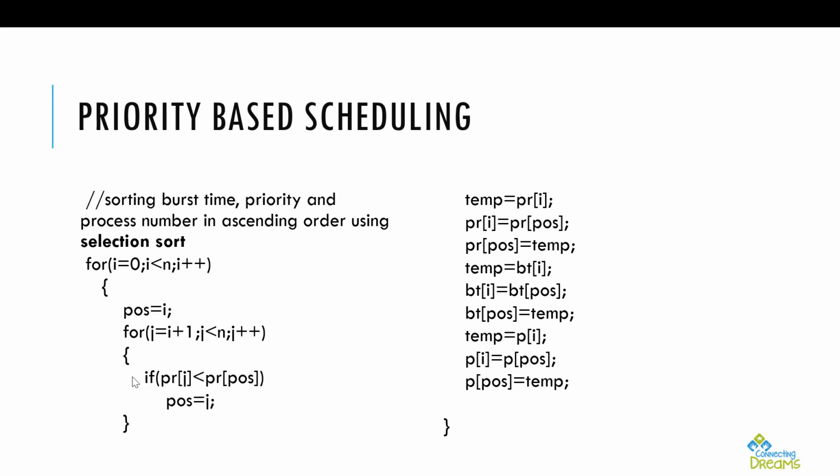Here it's going to identify whether pr of 1 is less than pr of 0. It means that if the second element is less than the first element, then we interchange the positions.